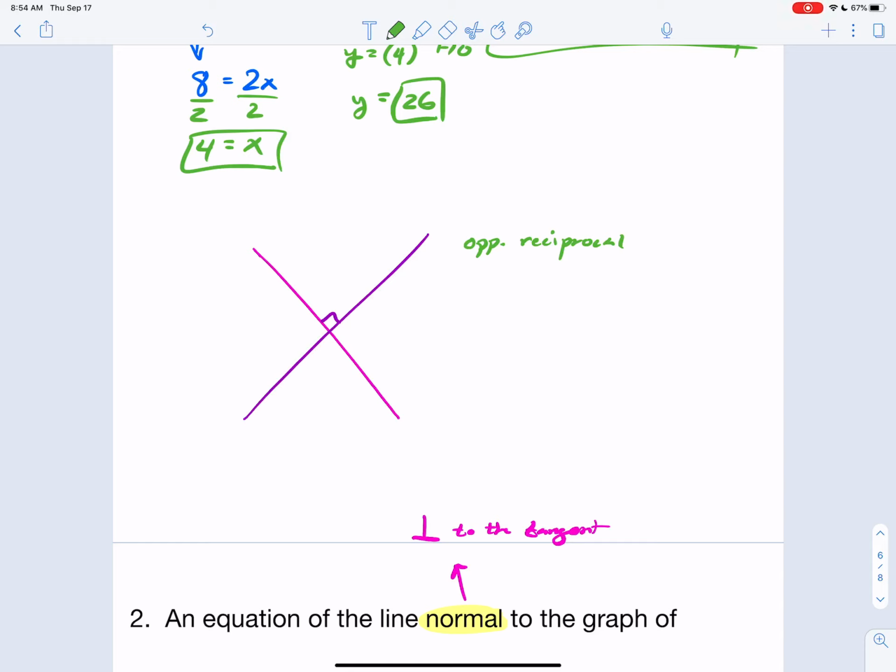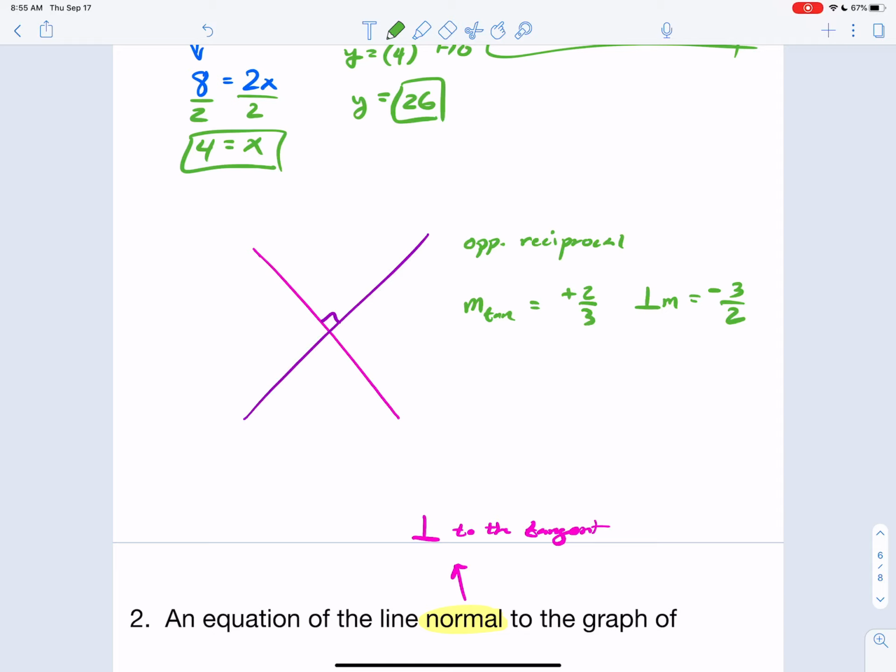So for instance, if the slope of my tangent line is positive 2/3, the normal slope, notice how I'm writing that, or the perpendicular slope to that tangent line, what you do is you take the opposite, so you flip your sign, so that positive becomes a negative. And then reciprocal means you flip the fraction. So that becomes -3/2.